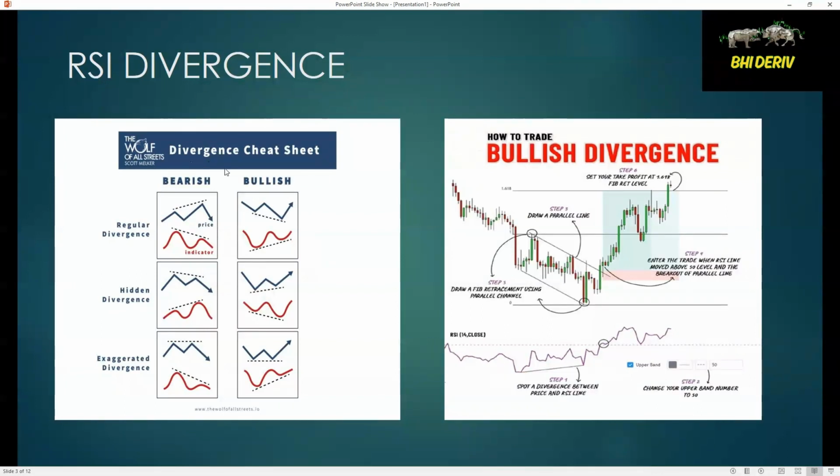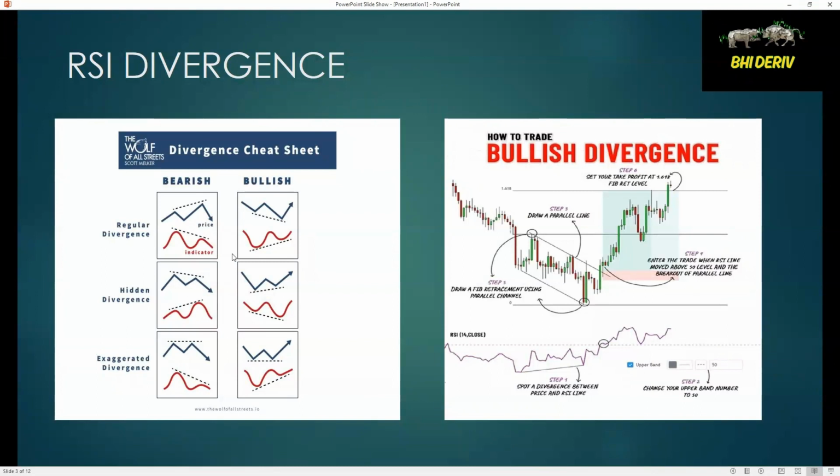Now, what is divergence? Divergence means when there's a big difference between two things. That is, if two people are supposed to move in one direction, then one of them decides to move the other way, then the person can be said to have gone away, or diverged away from the original plan or the original movement.